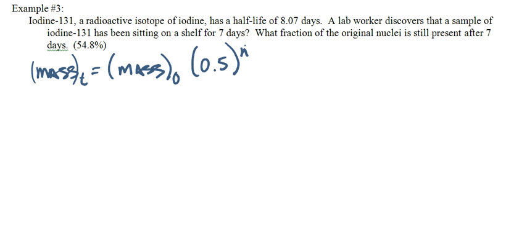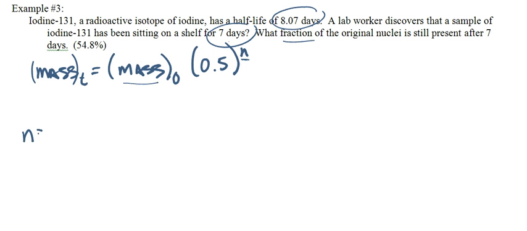This is a great time to use this equation, because if we were using the one that's on the equation sheet, you'd have to use anti-natural logs, which is fine, but do realize what tools are available for you to use. Since we were given the half-life and how much time the iodine-131 has been sitting on the shelf, we can find n, and we don't know how much we started with, but the question's asking for a fraction or a percent.